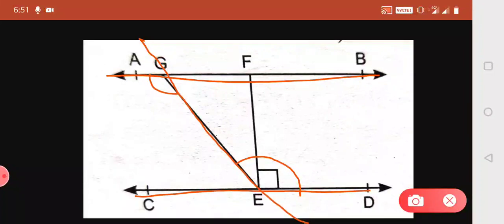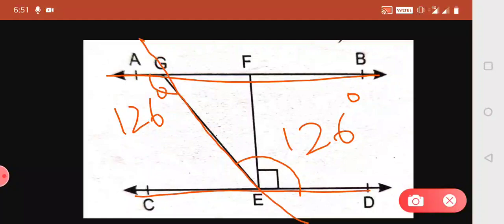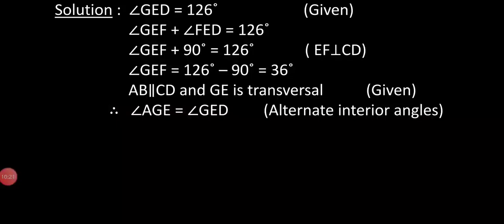So we get angle AGE equal to angle GED. Already the value of angle GED is given as 126 degrees. Therefore, this angle AGE will also be 126 degrees, because the value of GED is already given as 126 degrees in the question.